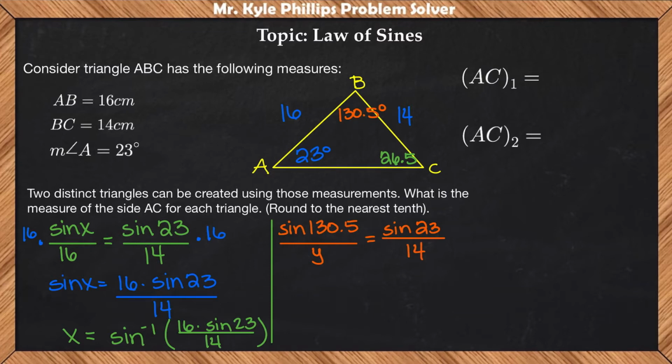So here, we're going to cross multiply. So I have y times sine 23 equals 14 times sine of 130.5. And to get y by itself, I will need to divide here.